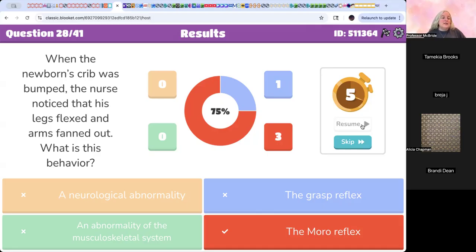Why do you think it's important for us to assess reflexes? Just because? Is that the because I said so rule? To see if they have neurological problems. Yeah, good. All right. So this is a really good indicator of if they're having any neurologic issue.